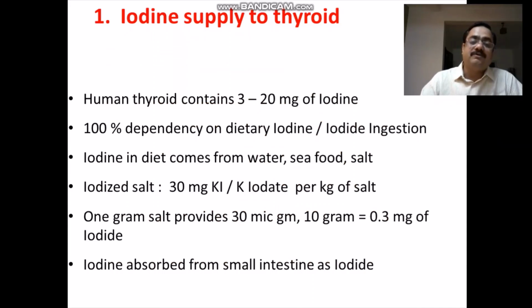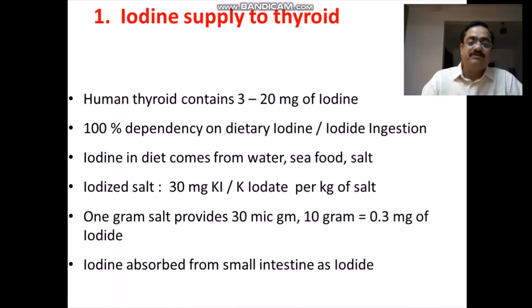We all know thyroid gland contains 3 to 20 milligrams of iodine. Out of that, dietary iodine is the only supply to the thyroid gland. So dietary iodine in the form of iodine or iodide is ingested, and this ingested iodine or iodide usually comes from the water, from the seafood, and as a salt.